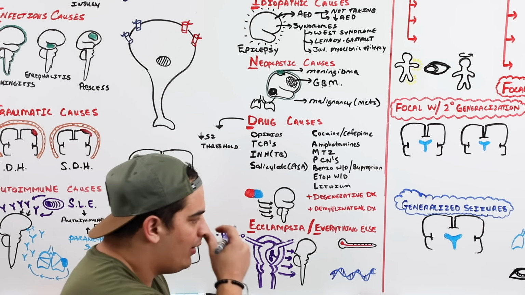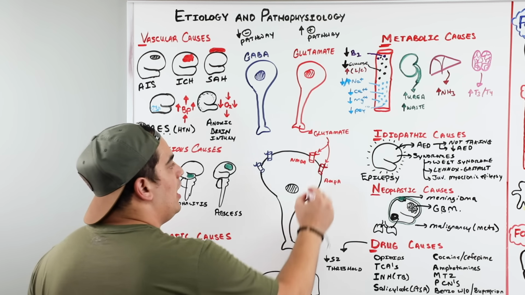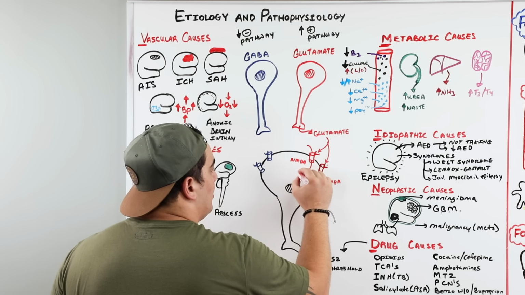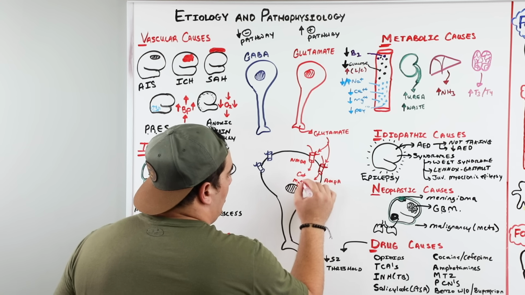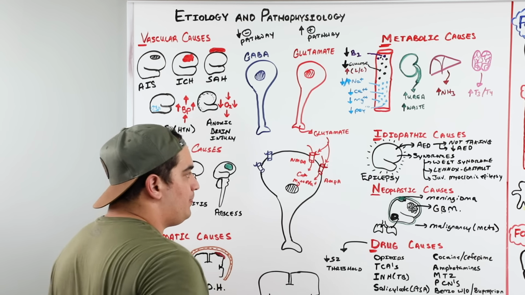And there are two different types of receptors to remember. One is called the NMDA, and the other one is called the AMPA receptors. Either way, whenever glutamate binds onto these little channels, it allows for cations like calcium and sodium, and even magnesium, to enter into the cell.